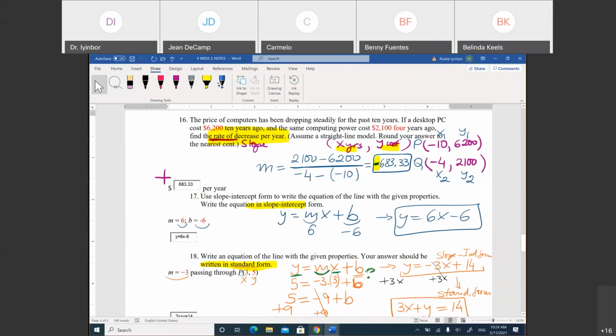So the answer should be a positive 683. I'm going to put positive here so it's clear that it's opposite, because they already take care of the negative in the question. Okay? Everybody understand that? Yes, ma'am. Okay, so that's what I just wanted to add here for when you do your assignment in WebAssign. Okay?